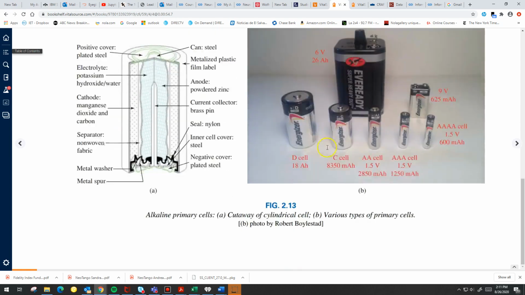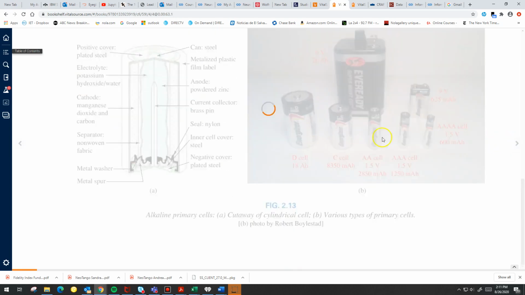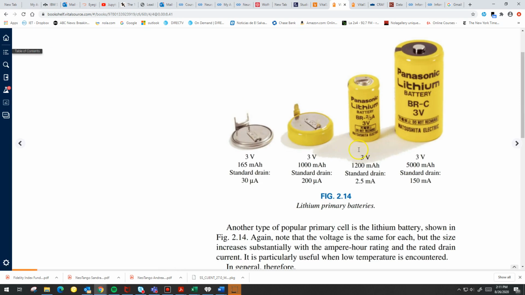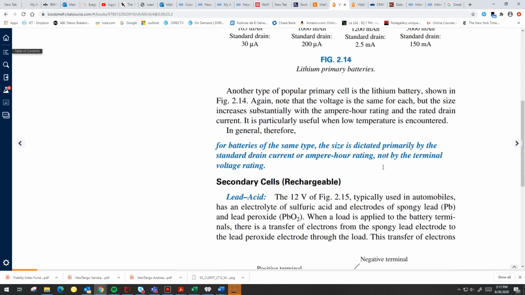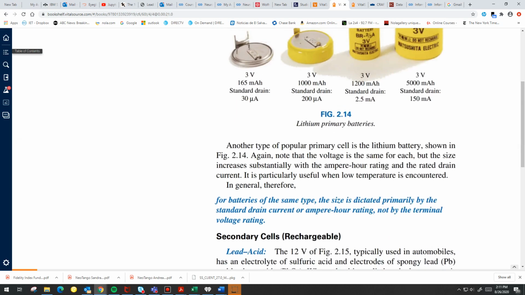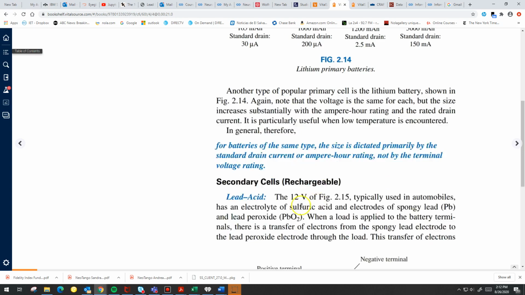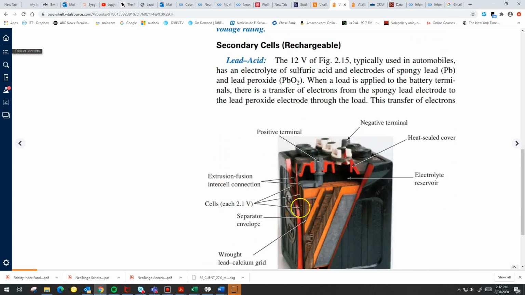Okay. I'm going to leave you to read these details about the different kinds of batteries and what they represent, right? Again, for our purposes in this class, we are not going to be focused on what kind of battery we have, what kind of source we have, whether it's lithium or lead acid or whatever.